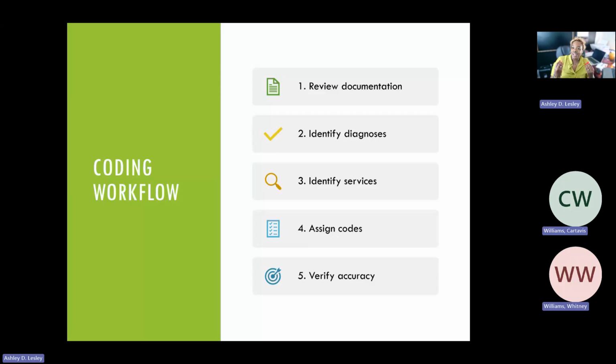So, in the coding, you're going to take that documentation, which is the progress note, and we're going to review that documentation. We're going to read everything and we're going to identify the diagnosis. We're going to identify what all happened. He had a headache, he fell, he was struck upside the head.